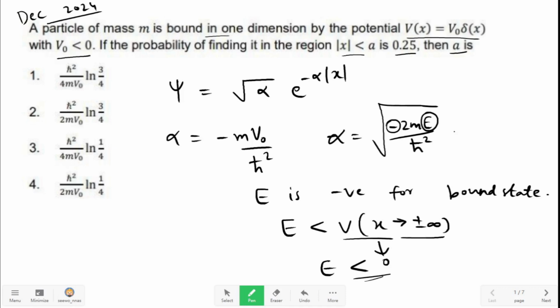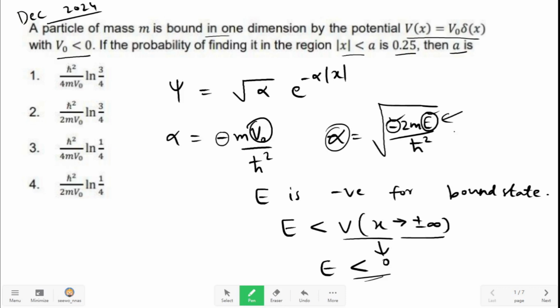Therefore for bound state E must be negative, and negative multiplied by negative will become positive, and alpha is positive. Here V naught is negative, negative times negative is positive. So alpha is positive and its value is minus m V naught divided by h bar squared, or you can say it is equal to square root of minus 2mE divided by h bar squared.